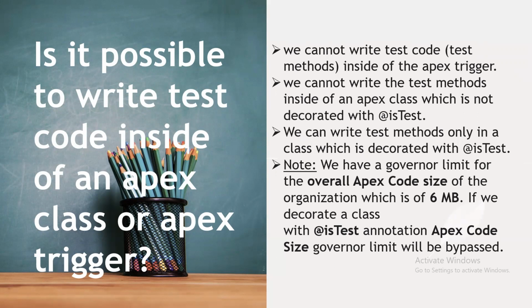We can write test methods only in a class which is decorated with @isTest, which is a keyword. Now, we have a governor limit for the overall Apex code size of the organization, which is 6 MB. If you decorate a class with the @isTest annotation, its Apex code governor limit will be bypassed. Okay.